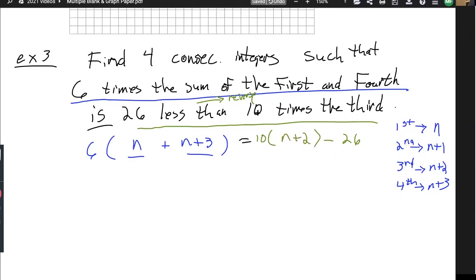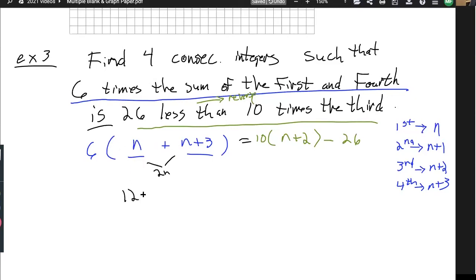All right, so let's just read it one more time. 6 times the sum of the first and fourth is 26 less than 10 times the third. That's right, the third is n plus 2. Okay, so now I'm going to simplify and solve. Let's just combine these just because we can. So this is 2n. So now we're going to distribute this 6, not to the n and the n, but 6 to the 2n.